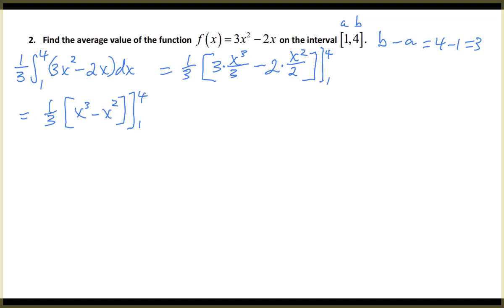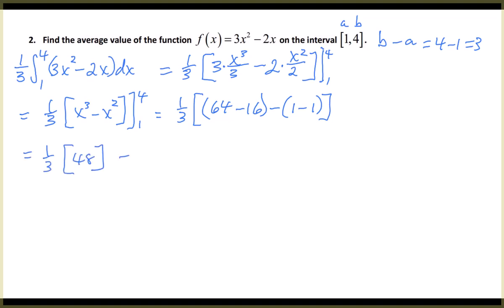And then I'm going to subtract from that every place I see an x, I'm going to put a 1. 64 minus. Am I going too fast? We're just down to arithmetic now. Good. That's just arithmetic, order of operations kind of thing. So I've got 1/3 just times 48, which gives me 16. Because the 1 minus 1 just goes to 0.